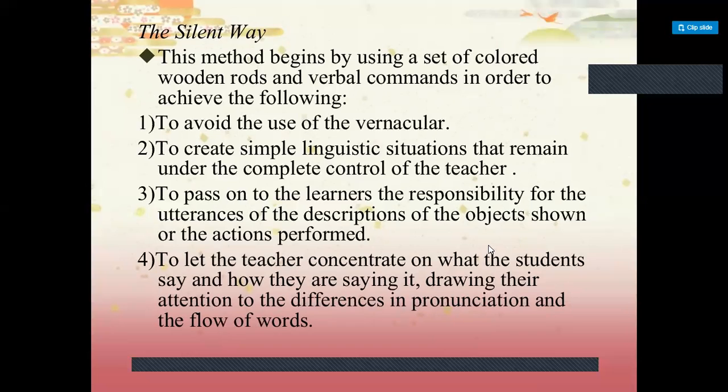So if they, for example, made a mistake, the teacher was going to be just focused on signaling or pointing out the color for the student to correct the sound, right? And that's it. So the teacher was going to be just paying attention if the student made a mistake and the way to correct the student without being intrusive.